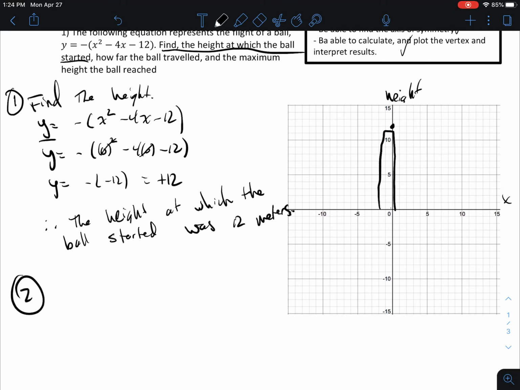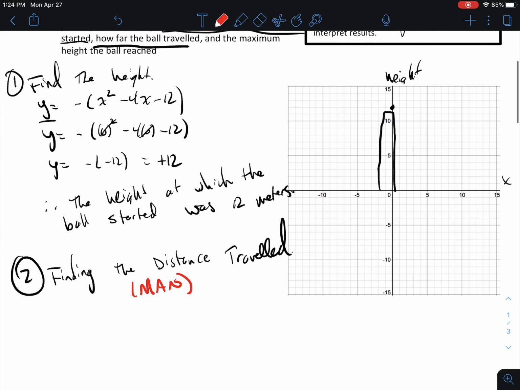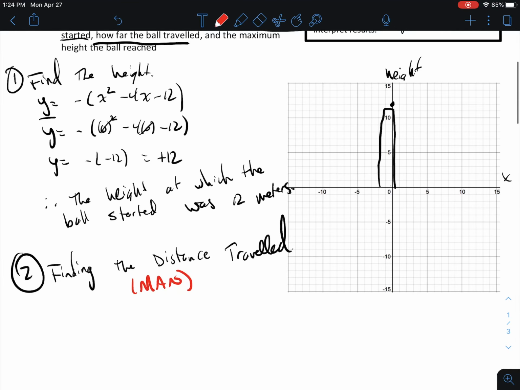So the second thing it asks for is, how far did the ball travel? That's this part. This we could do using our man method.